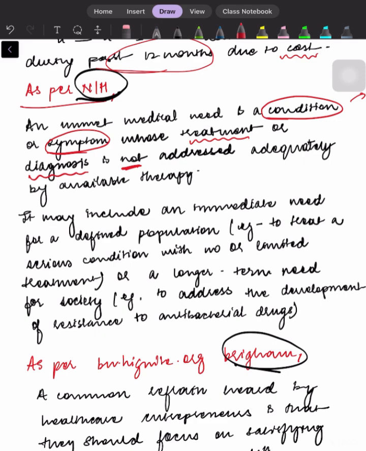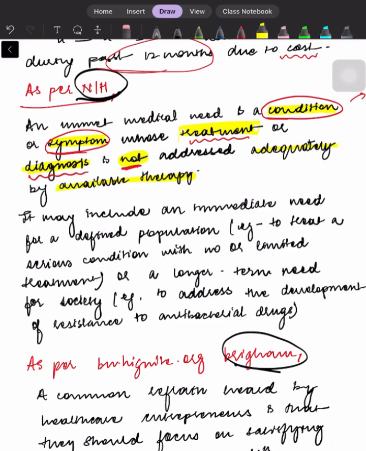So, an unmet medical need would be a condition. They have said that it is nothing but a condition, or a symptom whose treatment or diagnosis is not addressed adequately by available therapy.